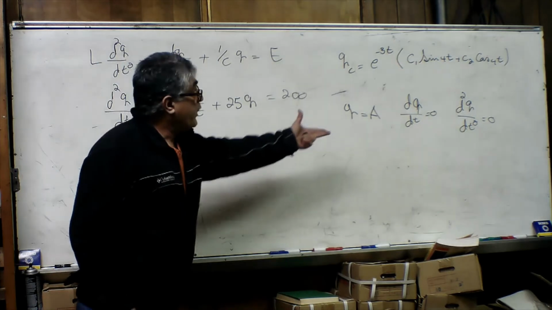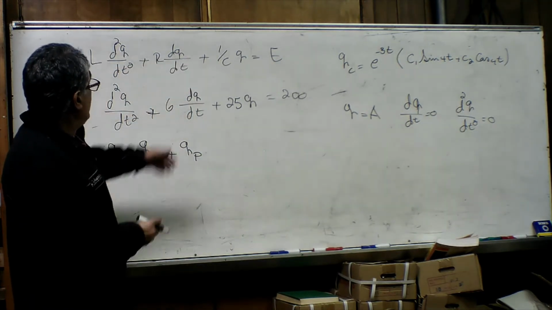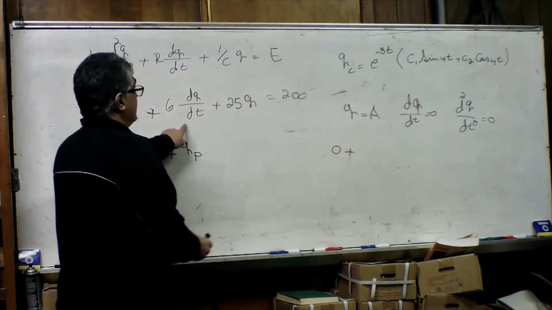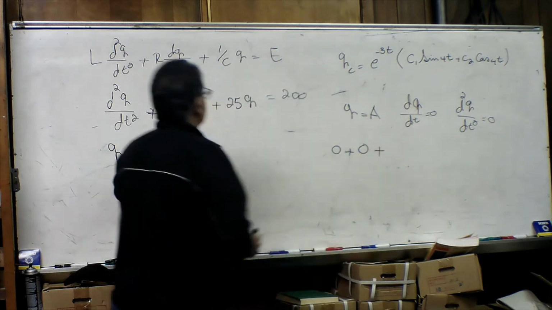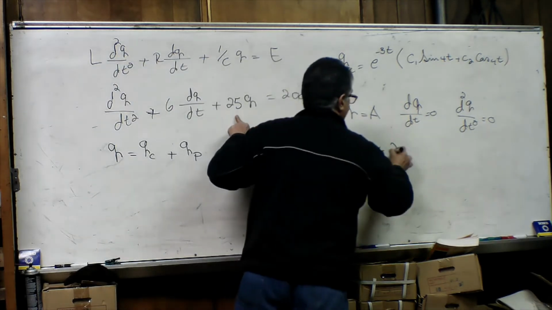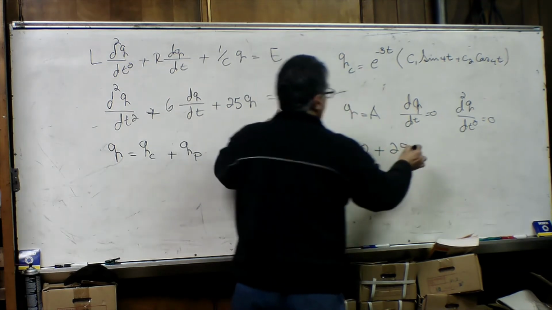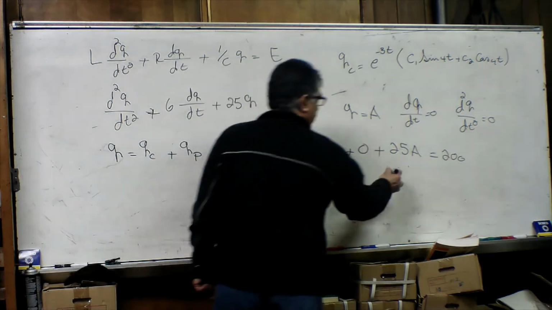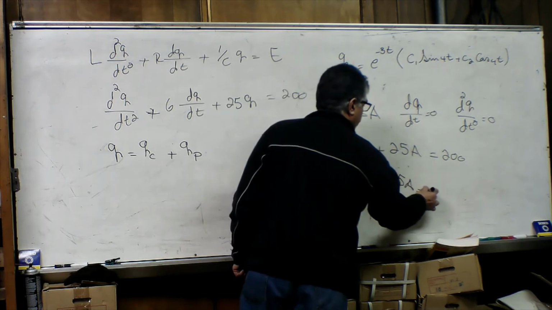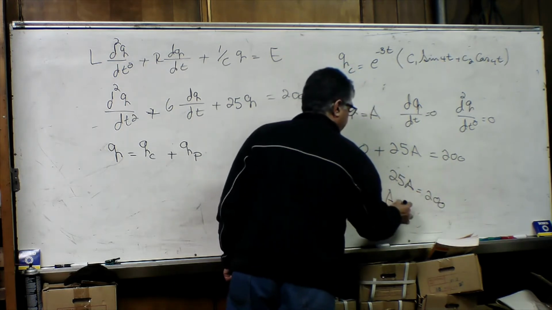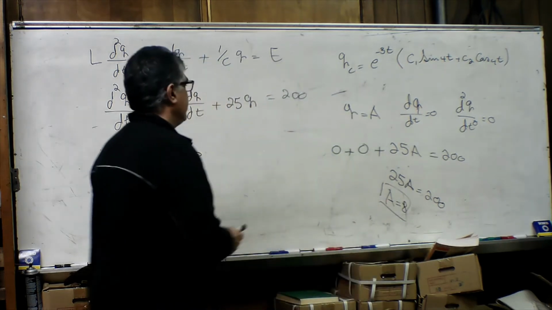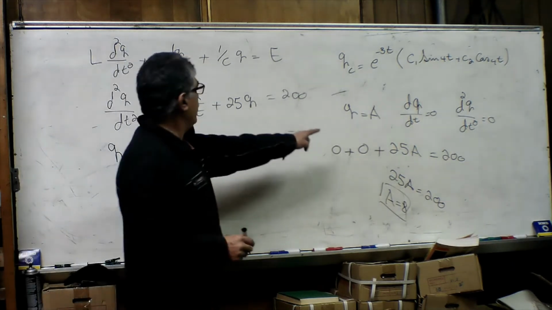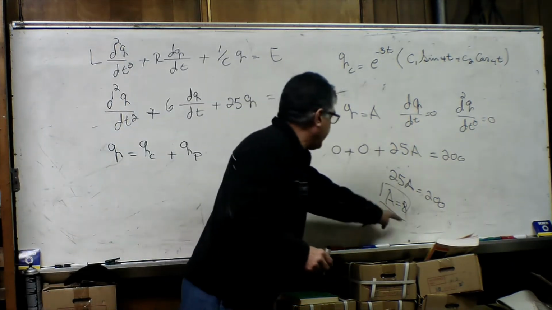So if we plug those assumptions in this equation, we are going to have 0 plus 0 plus 25a is equal to 200. So from here, you see 25a will be equal to 200. So our value for a will be equal to 8. So our particular solution will be 8.